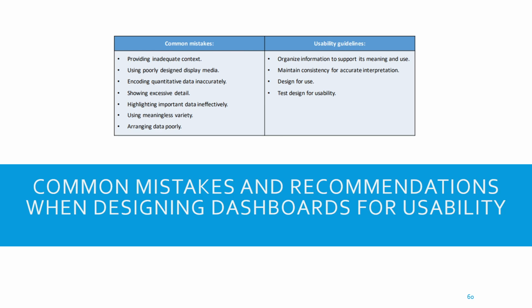Also, the data is not sorted, or is disorganized and not ordered in a way that we can really follow the story that we want to tell. But really important, we want to organize information to support its meaning. We want to be consistent. We want to design for use, and we want to test our designs for usability.